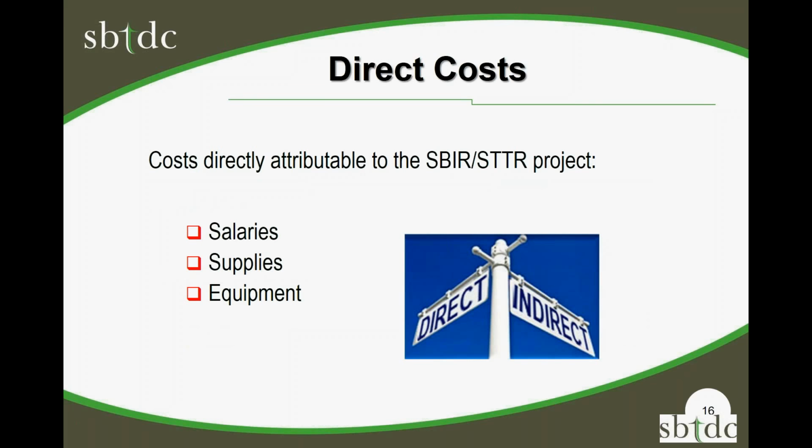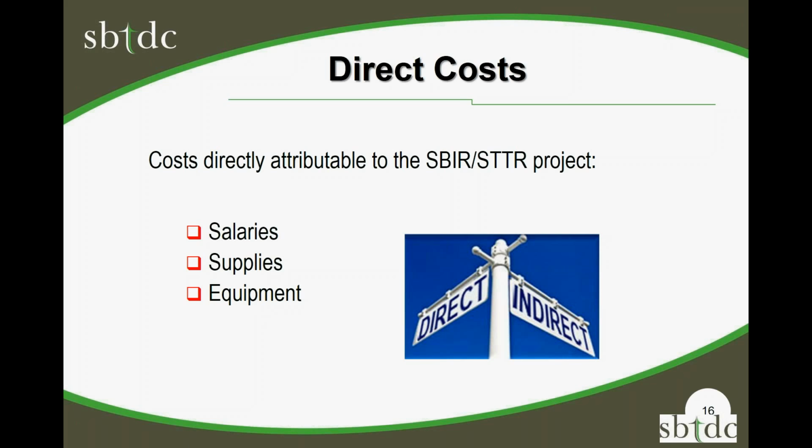So direct costs are going to be expenses that your project is going to incur that are directly attributable to that project. For example, salaries of the employees who are directly involved in the phase 1 research, supplies that are being purchased for use in that phase 1 project, and perhaps equipment.